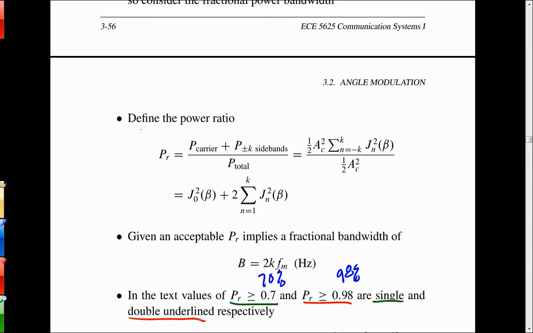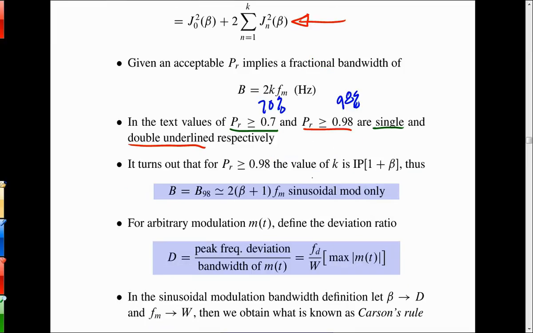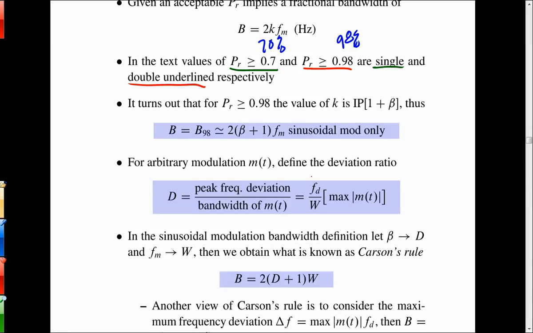And since their magnitudes are symmetrical, this is the equation to get the fractional power. It turns out also that the 98% bandwidth is approximately the integer part of 1 plus beta. Or K, the value of K, is approximately the integer part of 1 plus beta.